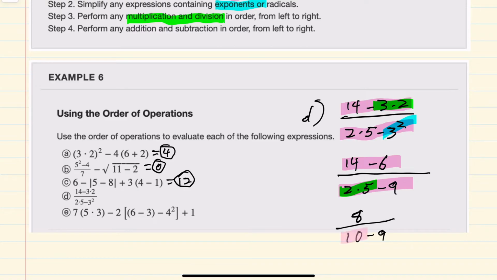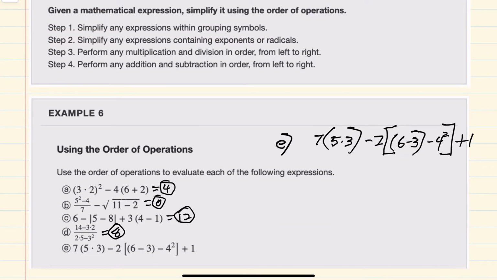Still working within that grouping symbol, 10 minus 9 would simplify to 1. And now I only have one operation left, that's division. 8 divided by 1 is 8. So we've simplified D. And for E, we would again start with our grouping symbols.